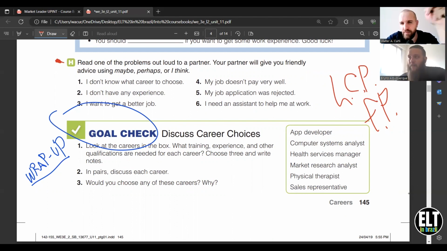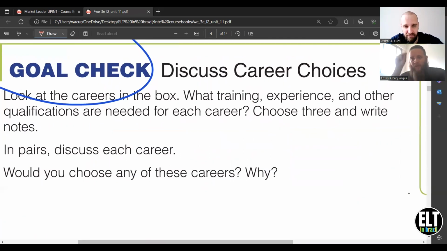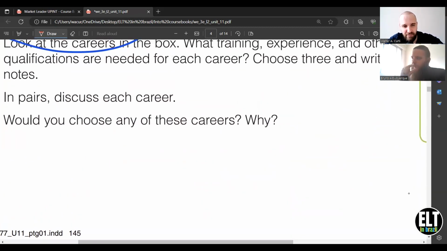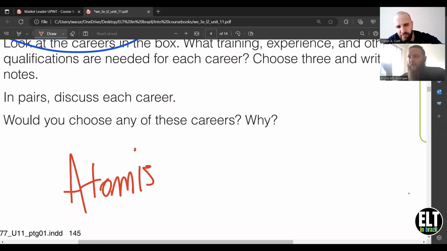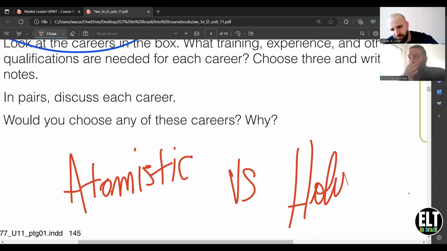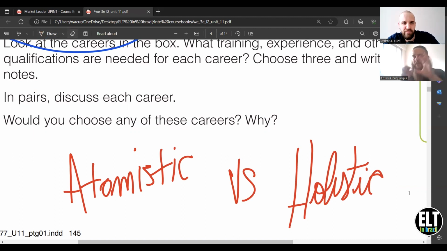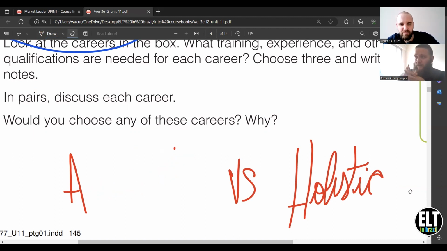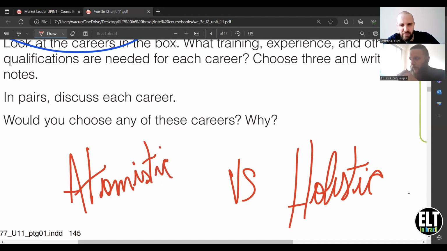One is this kind of atomistic view of language, that you will learn the language by achieving goal after goal after goal, as if you're having building blocks on top of each other, instead of a more holistic perspective of language learning, which is not a problem, but there will be people who will disagree with the way that this is organized. And I feel that this is an issue with every grammar syllabus based book that you find at the bookstore.